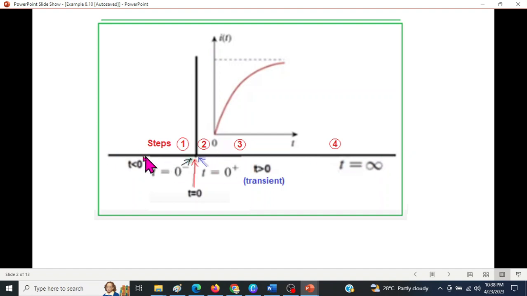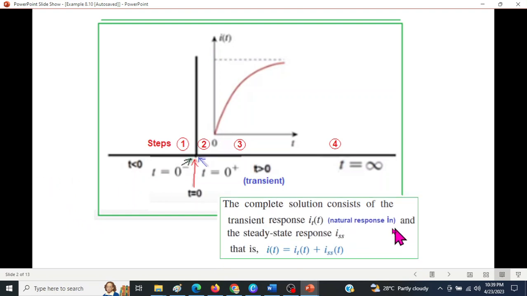So I have divided this into 4 steps. The first step, we calculate the values at t0 minus, then the values at t0 plus, then the values for the transient period, and then the values for t equal to infinity.